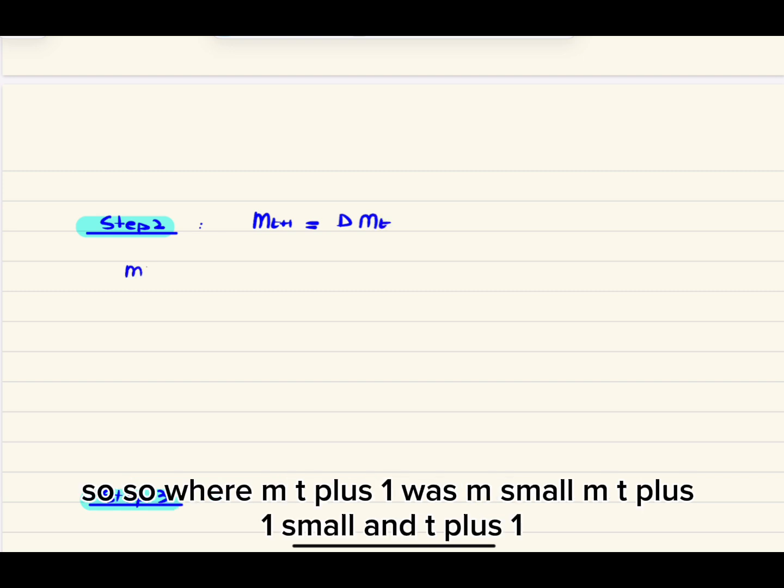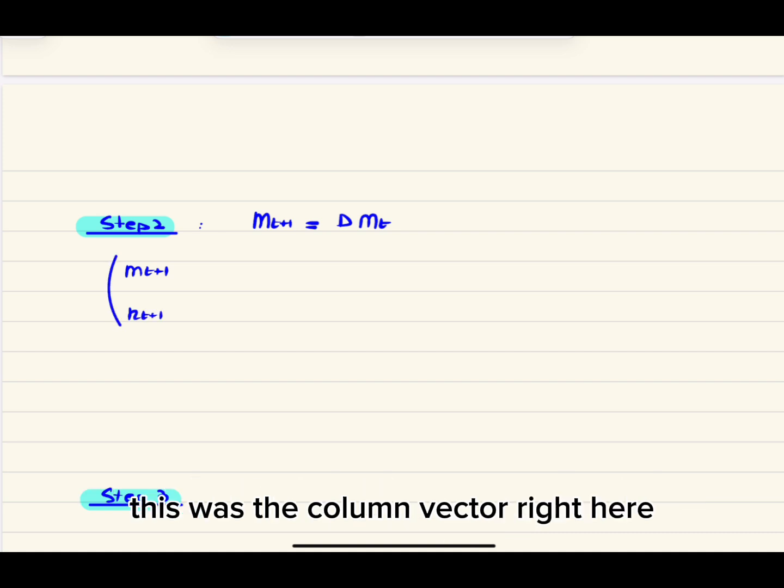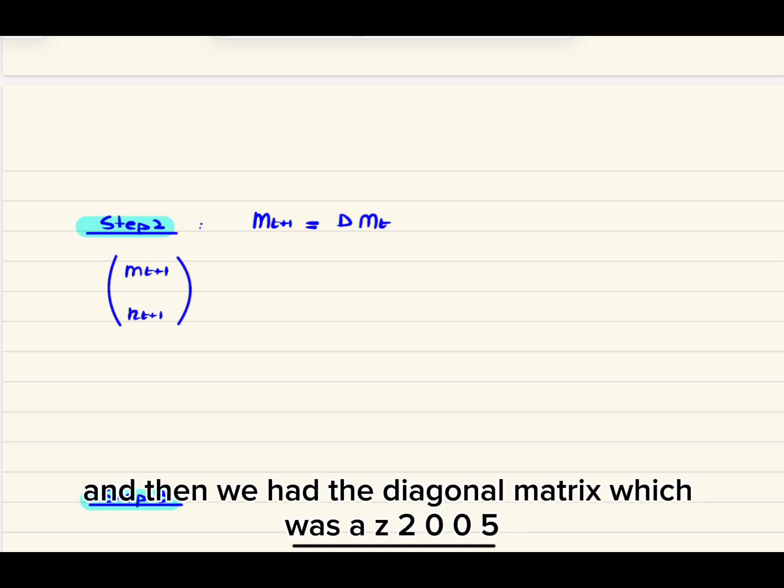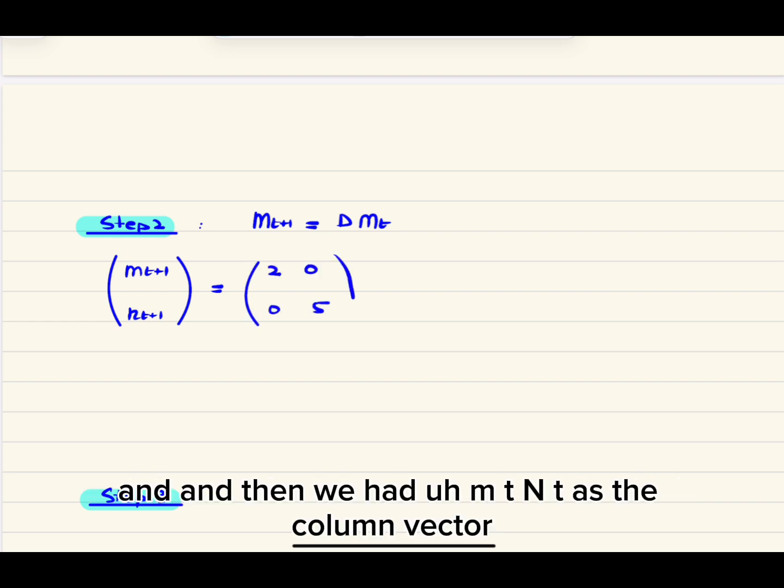So where m(t+1), n(t+1) was the column vector right here, and then we had the diagonal matrix, which was 2, 0, 0, 5, and then we had m_t, n_t as the column vector.